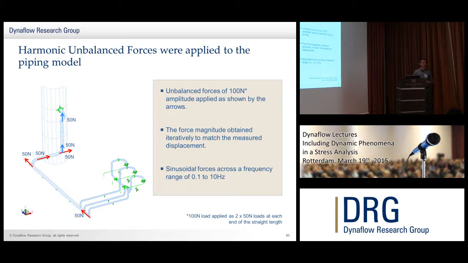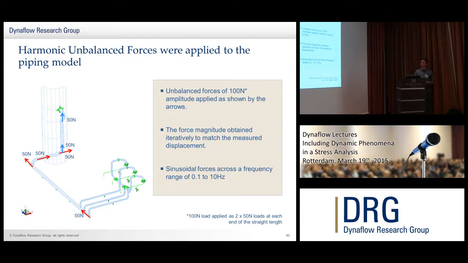We knew from the measurements that we had a displacement of around 1 millimeter. We put on 50 newtons at the beginning, and we saw that we only ended up with a displacement roughly half of what we got from the measurements. Since it scaled linearly, we increased it to 100 to get very close to the observed measurements.